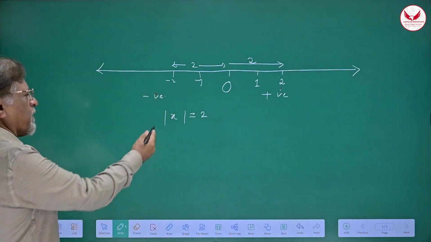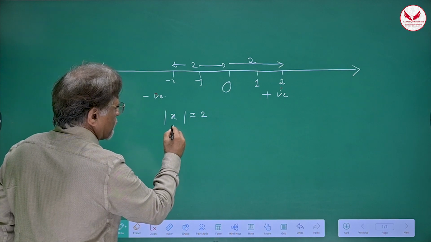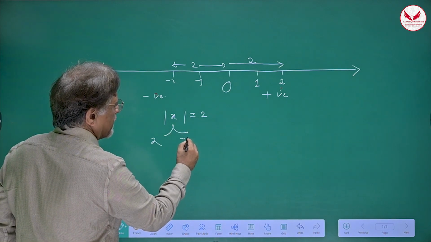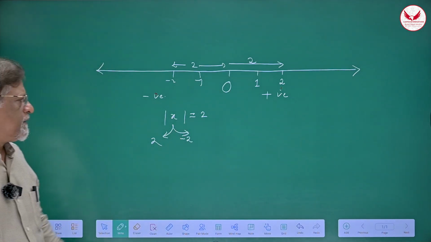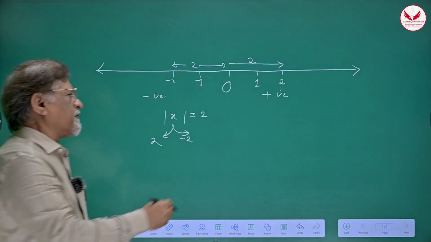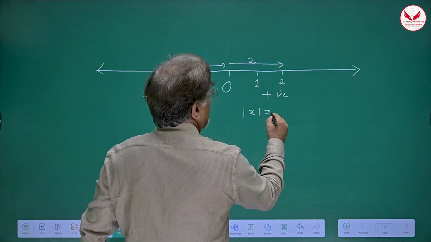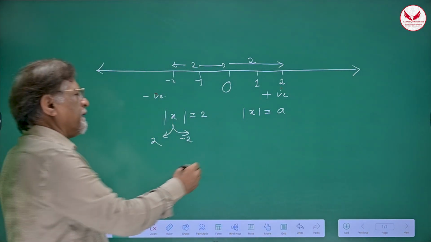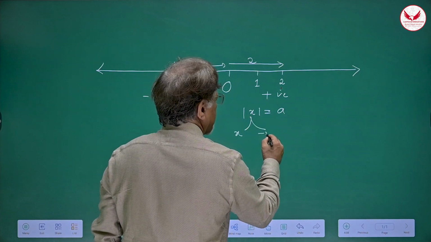So therefore, if I want to find the solution of mod of x is equal to 2, there are two solutions, one is 2 and the other is -2. So there are two solutions, right? Mod of x is equal to 2 means this. In general, if I ask you what is the solution to mod x is equal to a, then the answer will be x and minus x.